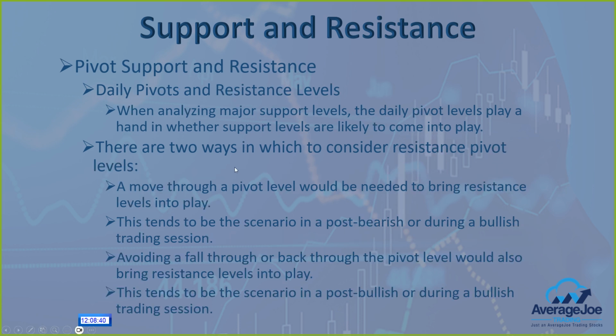And then the resistance level is just the opposite. When a stock is going up and it runs into this previous pivot level and it can't go through, then you're bringing resistance into play.